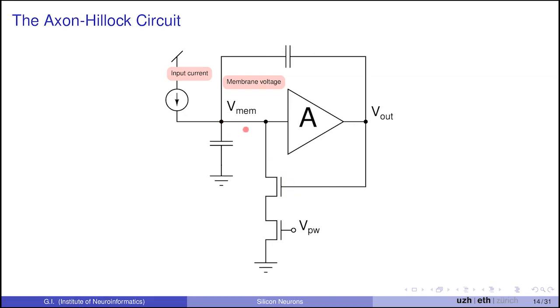So this pathway is completely closed. There is no way for the current to go, and this is a capacitor. So at resting conditions, when we start to inject input current, the current can only go into the capacitor. There is nowhere else for this to go. We have infinite impedance here. This is switched off, and we have infinite impedance here.